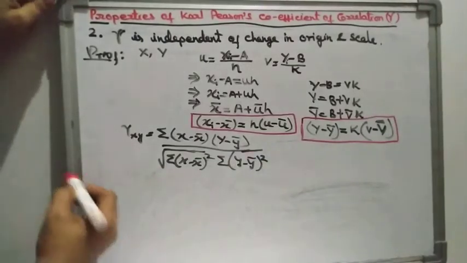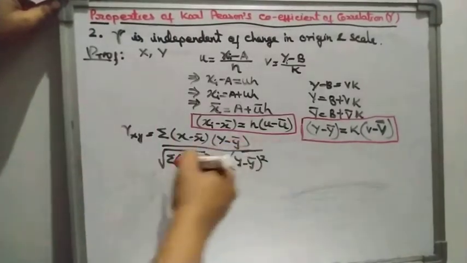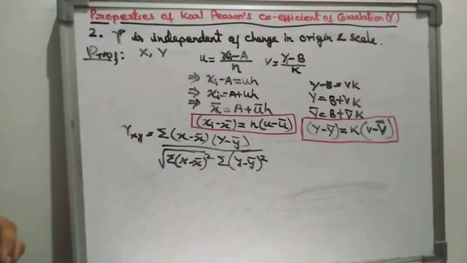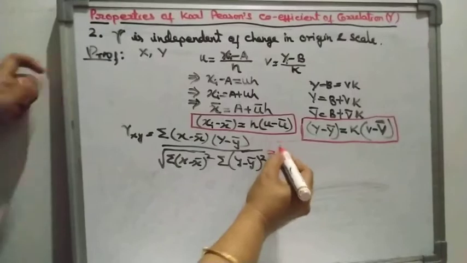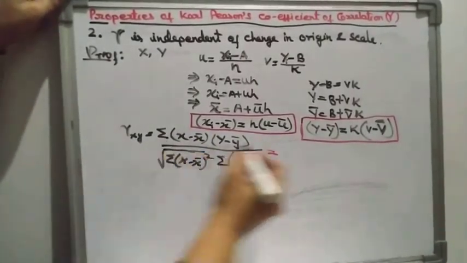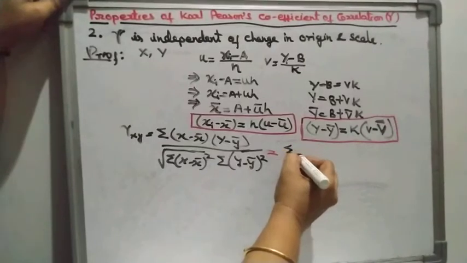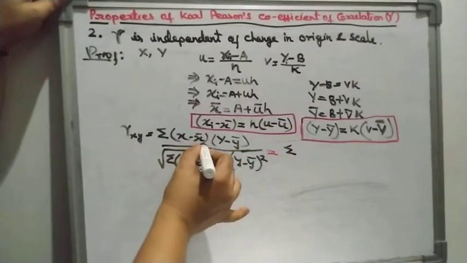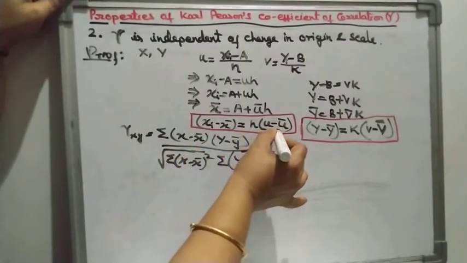So we write this value here. When you write it in UV form, it will become summation h, X minus x bar, in place of x minus we need to write this.